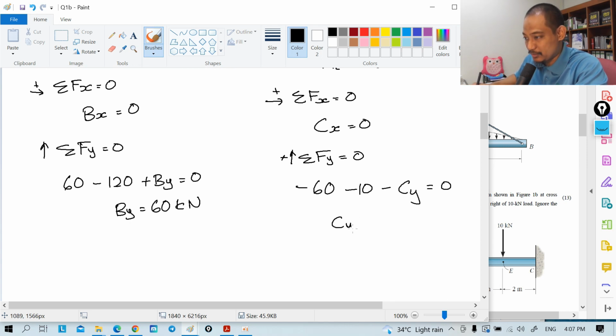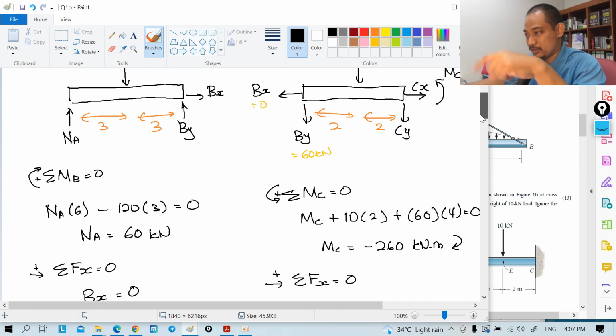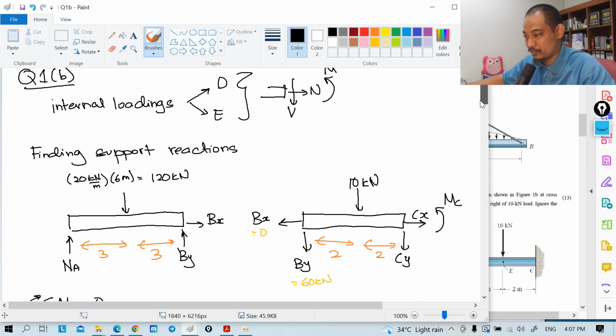Take it to the other side, Cy equals negative 70 kilonewton, meaning it should be upwards. Is that correct? Yes, because that's 60 and that's 10, so it should counter.